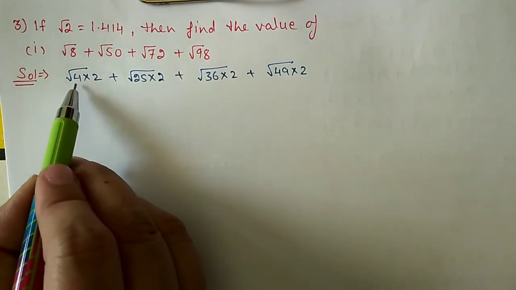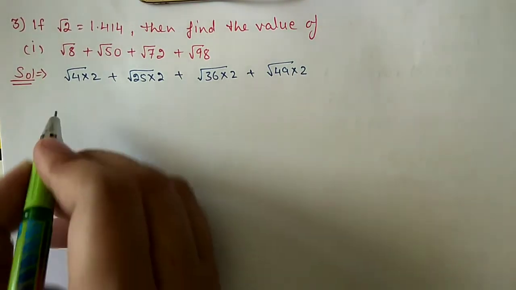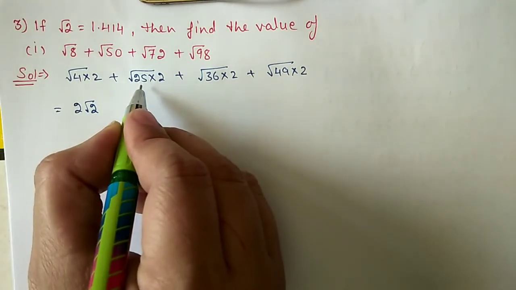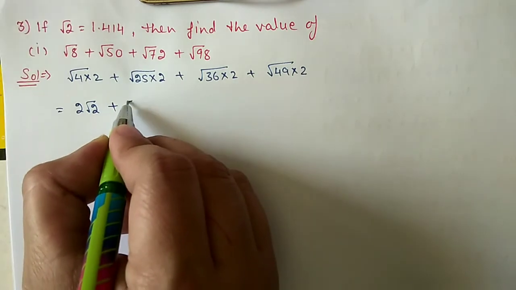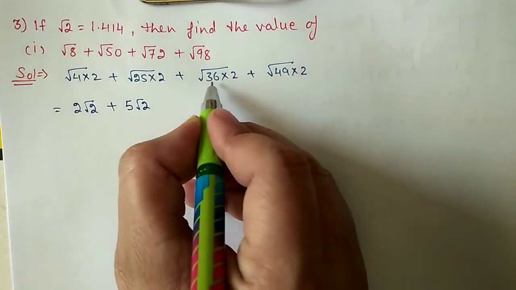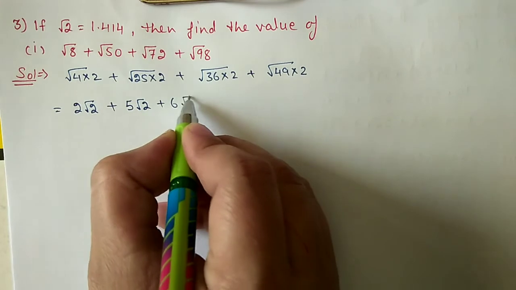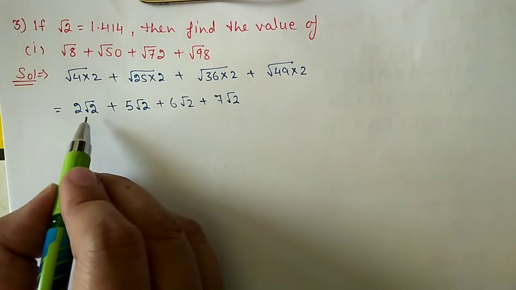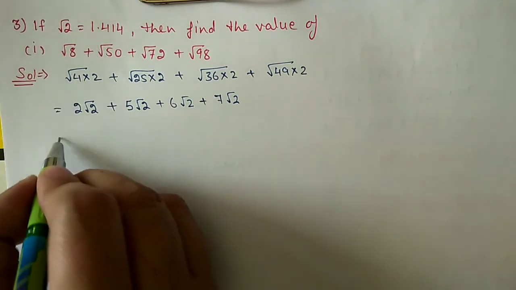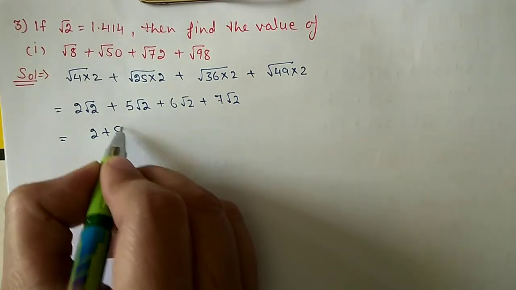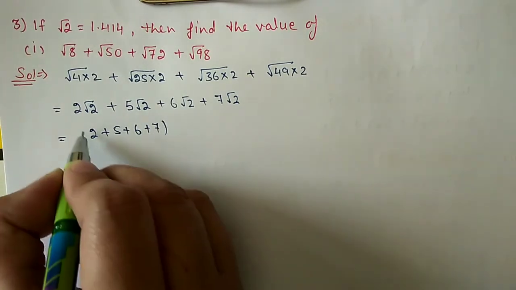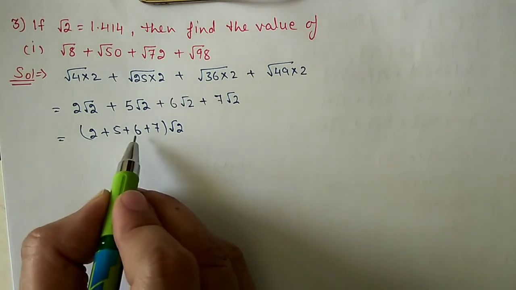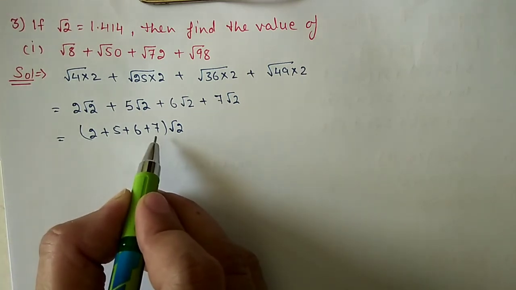From these numbers, 4 is a perfect square, so root of 4 is equal to 2. We can write it as 2√2. Similarly, 25 is also a perfect square, we can write it as 5√2. 36 we can write as 6√2, and this 49 we can write as 7√2. Now √2 is common, so we can write it as (2 + 5 + 6 + 7)√2. 2 plus 5 is 7, 7 plus 6 is 13, and 13 plus 7 is equal to 20.